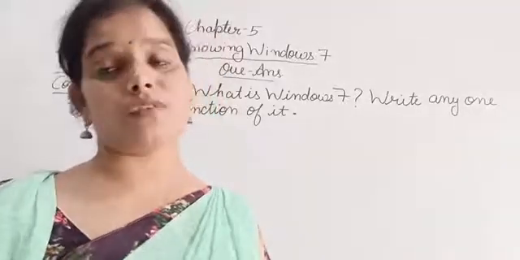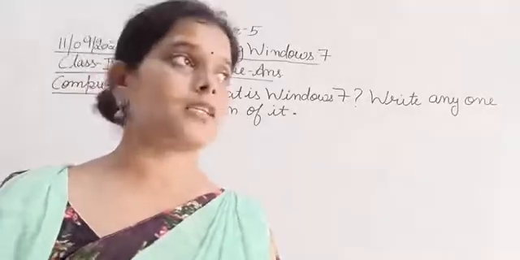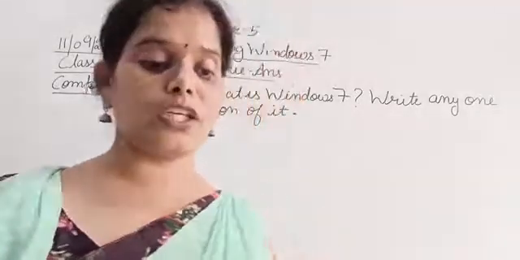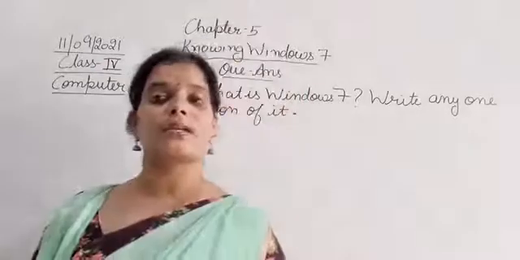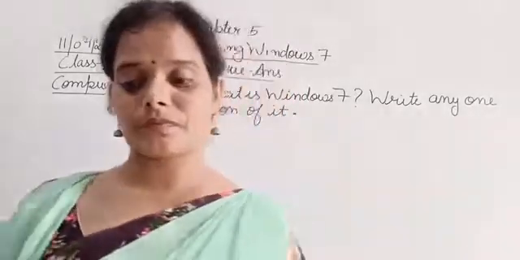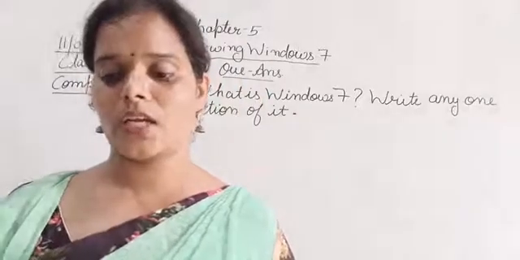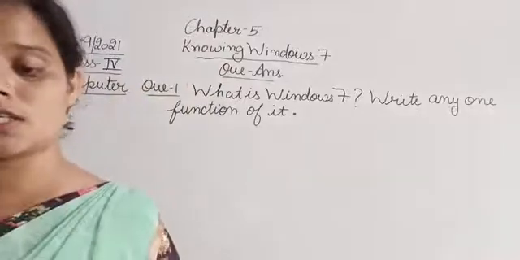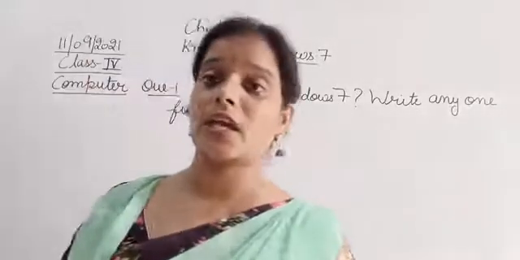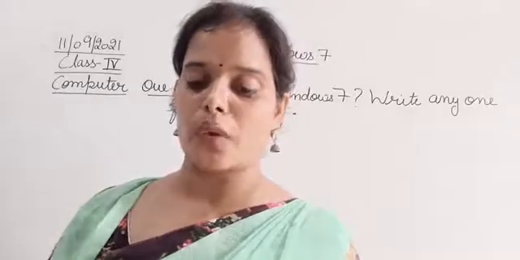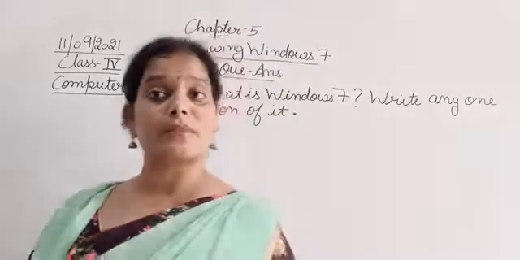Windows 7 is an operating system developed by Microsoft. It is the most commonly used operating system developed by Microsoft. This operating system performs various activities. It controls the overall activities of the computer, and it also operates each and every part of the computer.